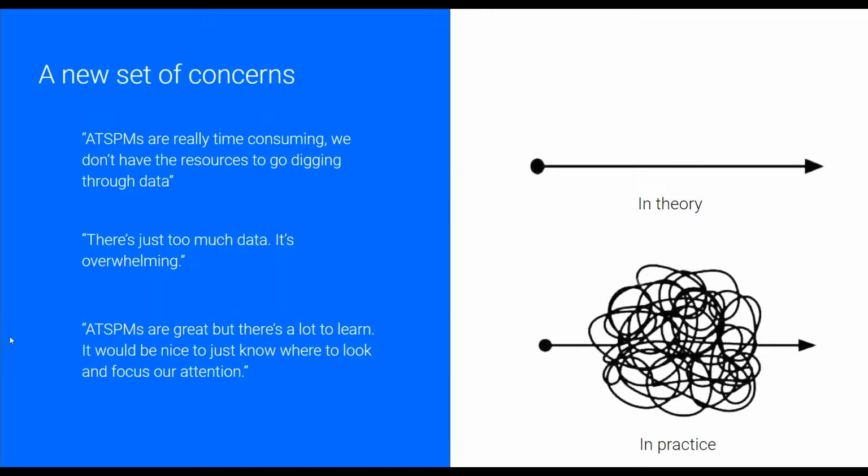And in theory, ATSPMs are a fantastic solution. We know that, right? They provide a lot of value to customers. However, what we've come to realize is that there are certain T's and C's, certain requirements that need to be in place in order for municipalities to successfully maximize the effectiveness of ATSPMs. Some of the things that we've heard from our customers, first and foremost, ATSPMs are hard, right?